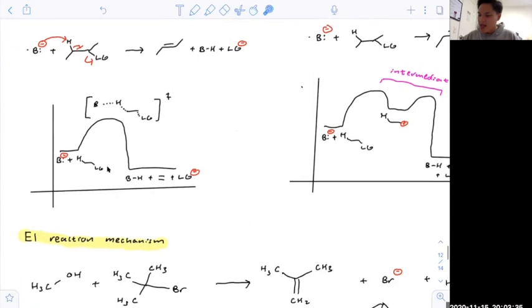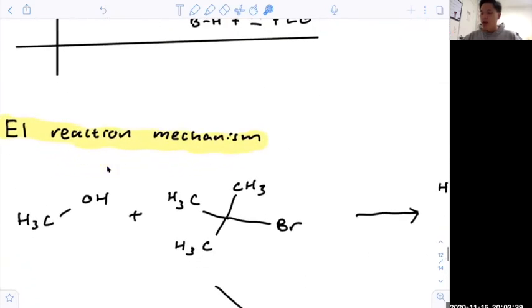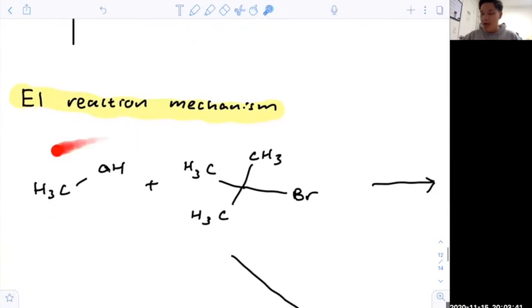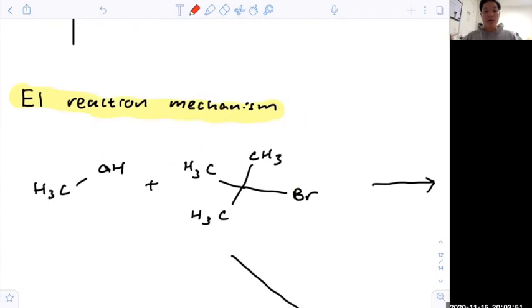In fact, let's see how the reaction mechanism occurs. First of all, I'll give you this methanol with a tertiary carbon and a good leaving group in bromine, right? What happens first in an SN1 reaction? The leaving group leaves. What happens first in an E1 reaction? The leaving group leaves. So let's leave the leaving group.